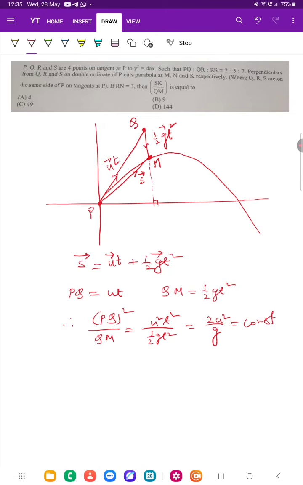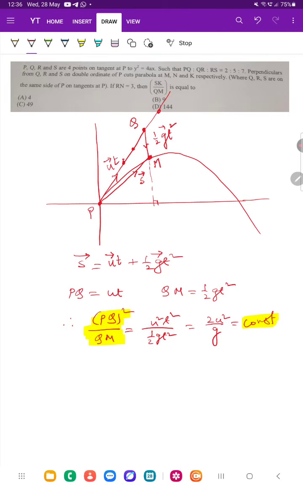Let's say Q is a variable point, P is the fixed one. If we take Q somewhere here or here or maybe here and drop a perpendicular on the double ordinate and get the point which cuts the parabola, then also PQ square upon QM will be the same. So that's the major conclusion, right? PQ square upon QM is a constant. And now you're all done with the question.